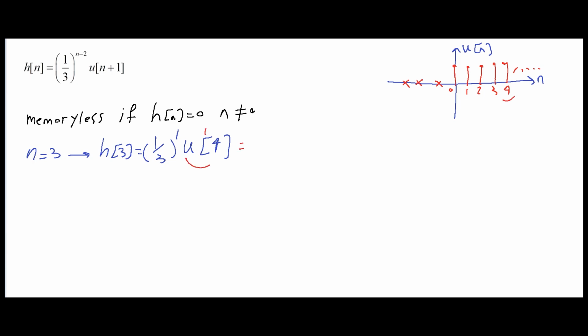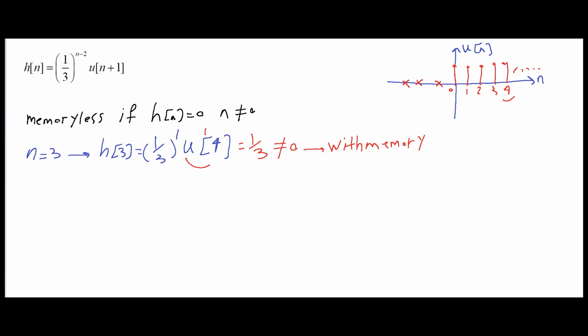Notice that at n equal 3, the impulse response is not 0. Since there exists a time instant where h[n] is non-zero for n not equal to 0, the system is with memory.